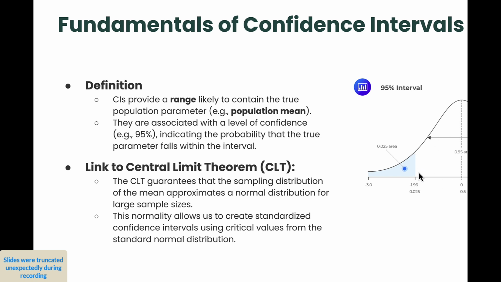So we're going to discard, for example, 2.5% from here and 2.5% from here. So we're going to truncate 5% from the whole curve, 2.5 on the left side and 2.5 on the right side, and this is what we call the 95% confidence interval.